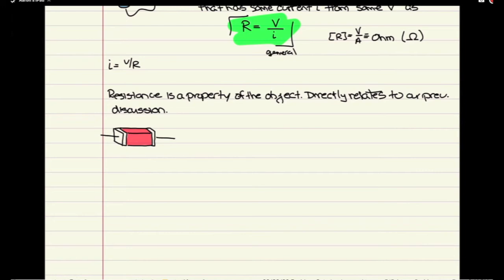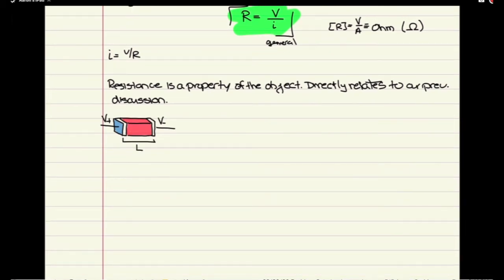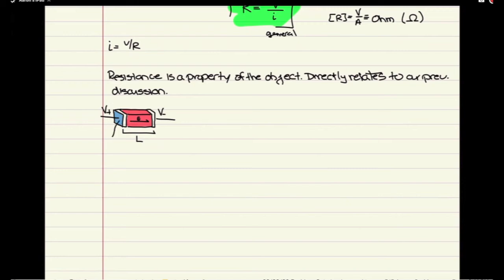On the ends, it is connected to some potential difference. So we might say the potential here is V plus, the potential at the other end is V minus. The resistor has some length L. If current is flowing, there's an E field that's established within it. In the geometry of the object, there's some surface area A that the current is flowing through.